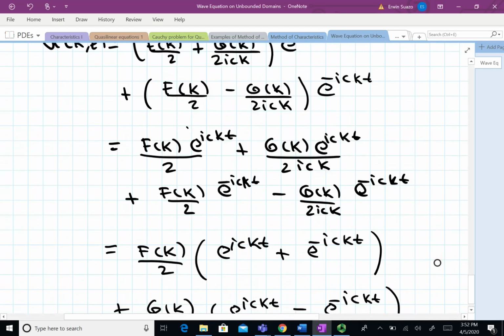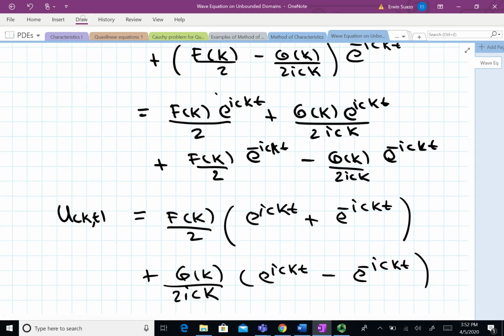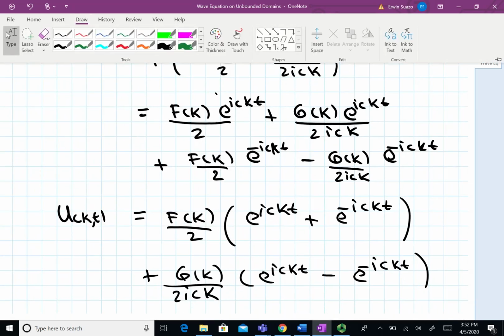So now this is U(k,t). We take the inverse Fourier transform for each of those.